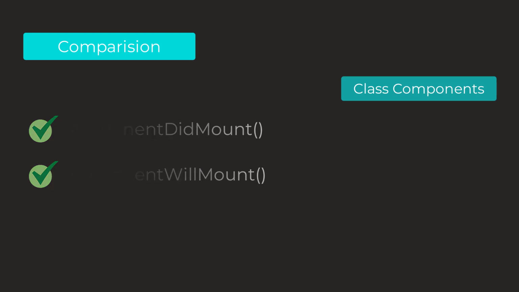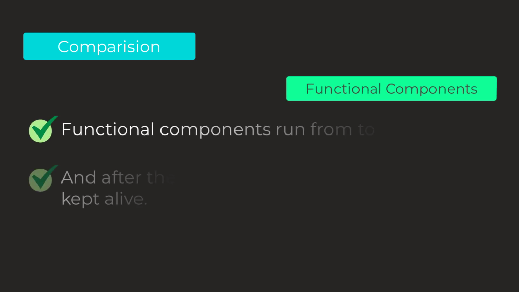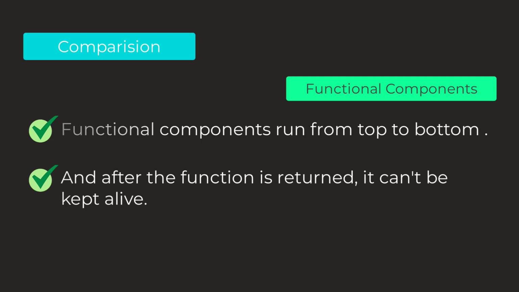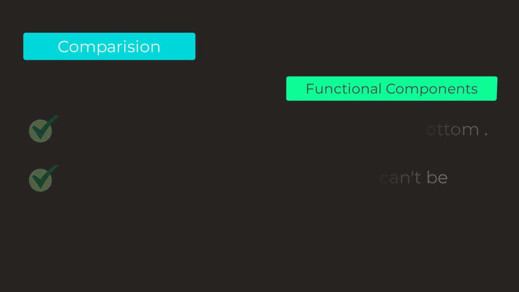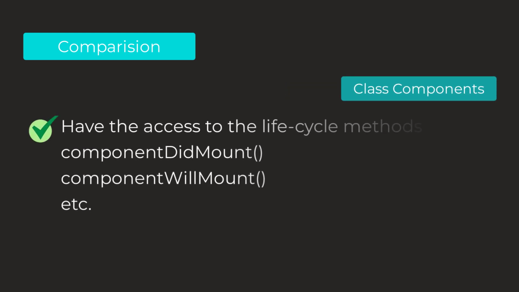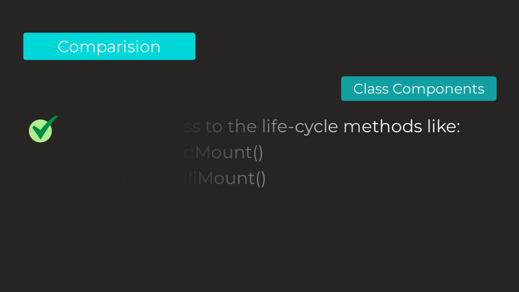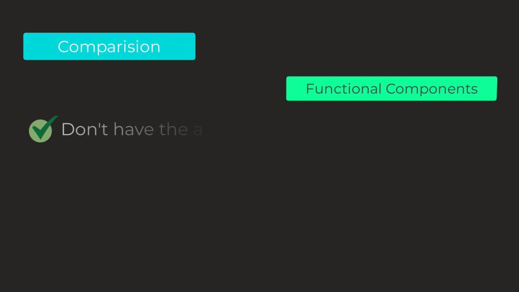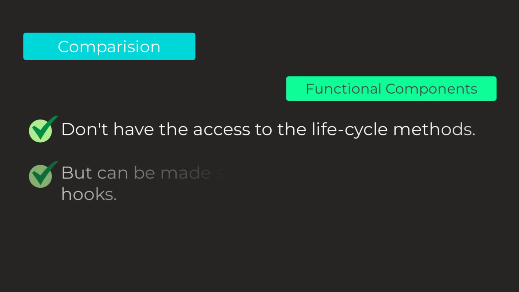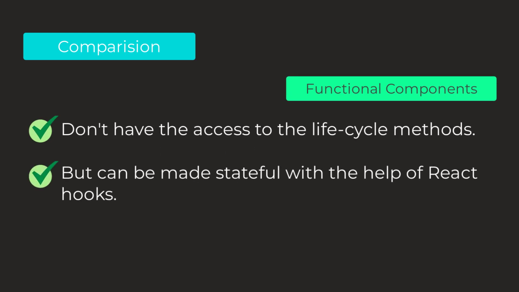While functional components run from top to bottom, and once the function is returned, it can't be kept alive. Class components have access to the lifecycle methods like componentDidMount, componentWillMount, etc. But functional components don't have access to the lifecycle methods. And one more thing, functional components can be made stateful with the help of React hooks.